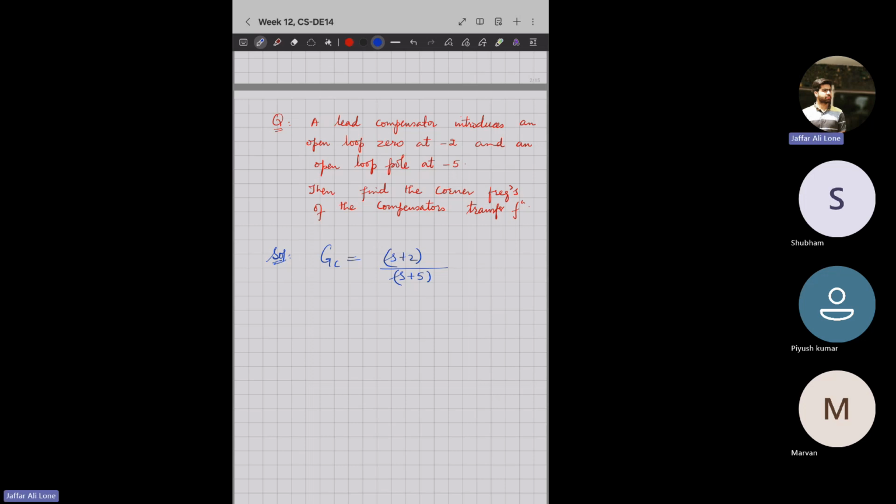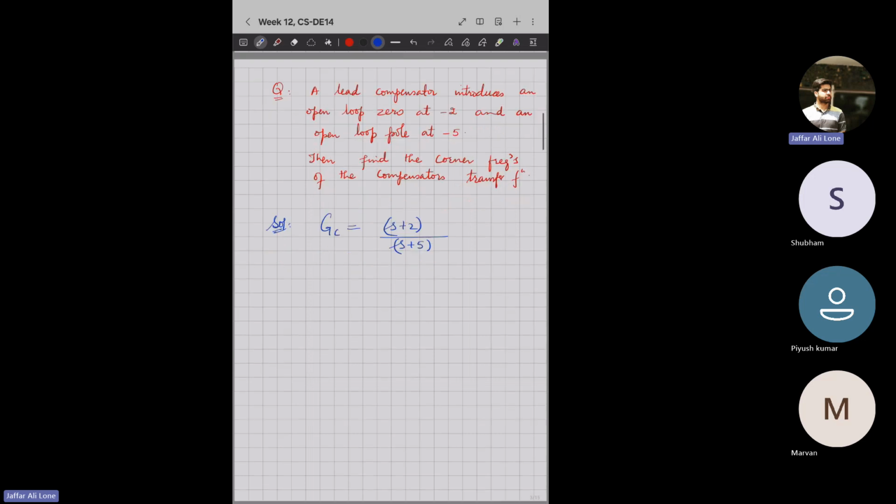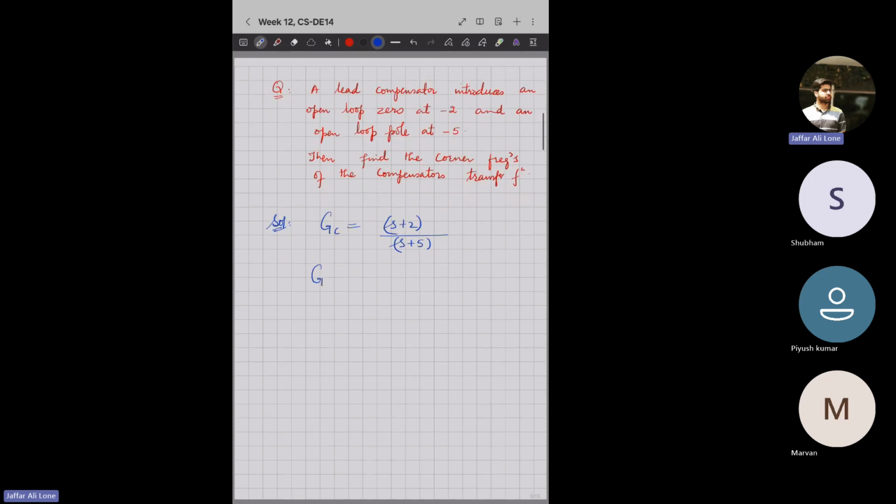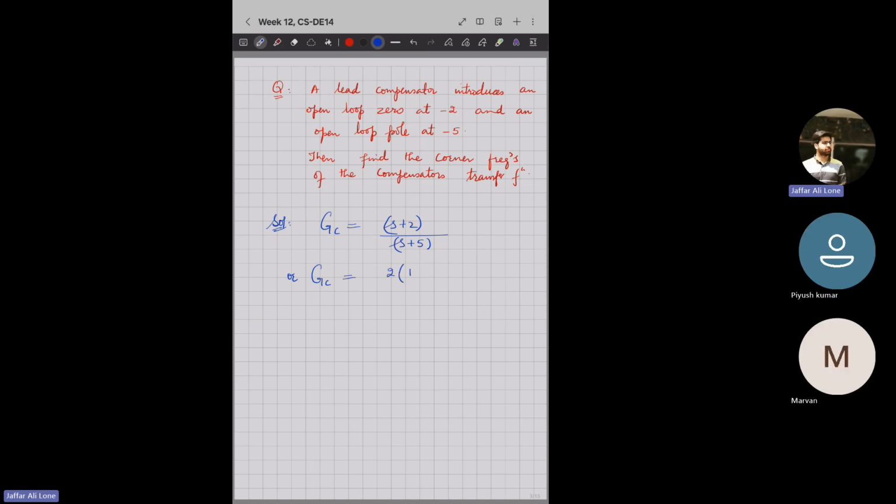Very simple. Now, when we have to find the corner frequencies, we always write this in time constant form. It will be GC equal to 2 into 1 plus S by 2, divided by 5 into 1 plus S by 5.